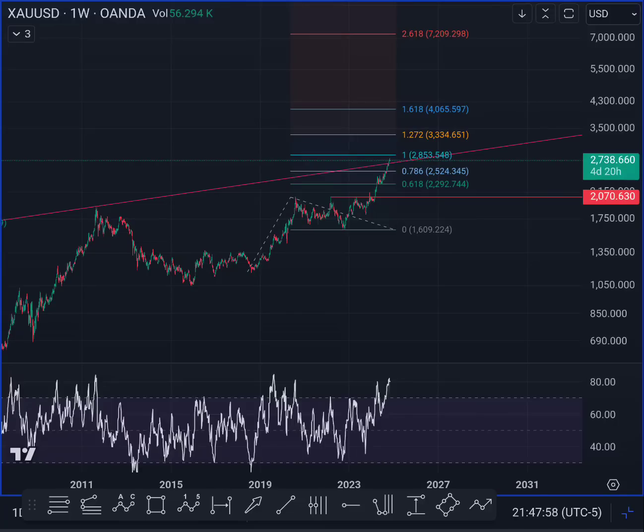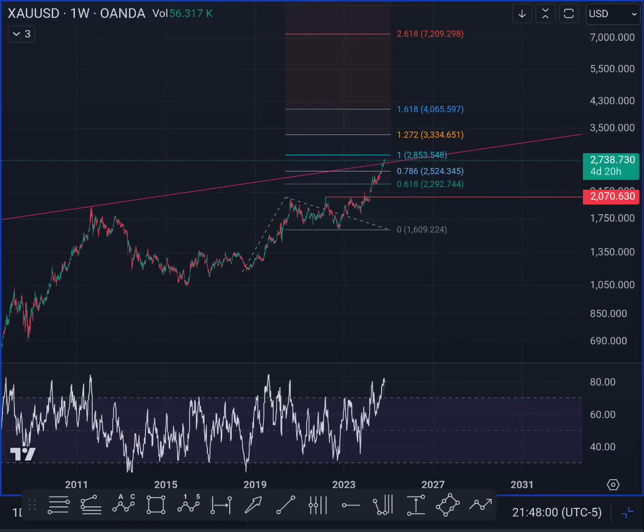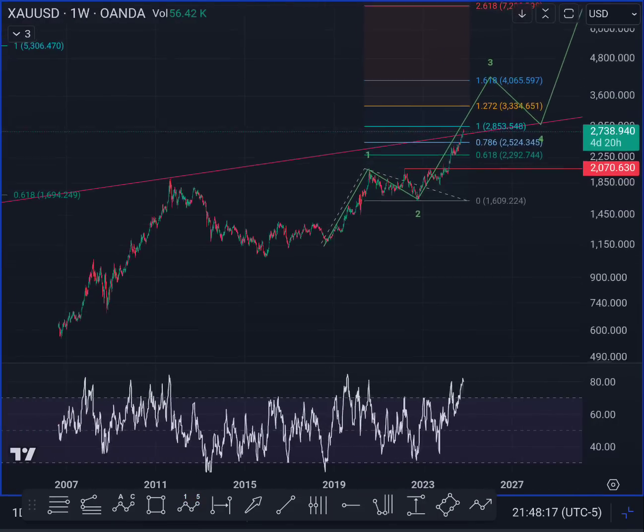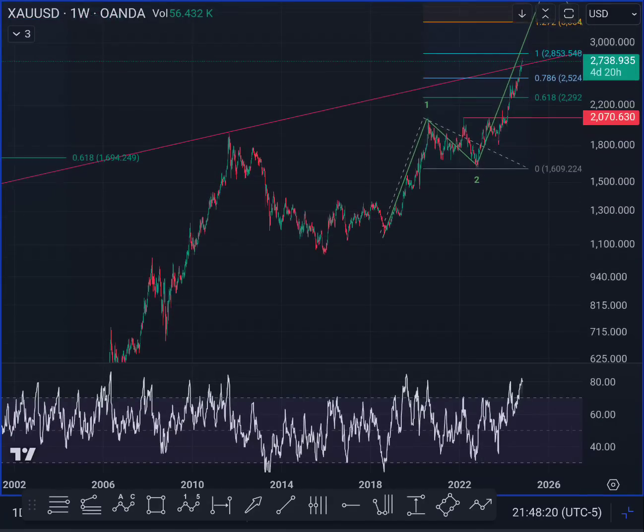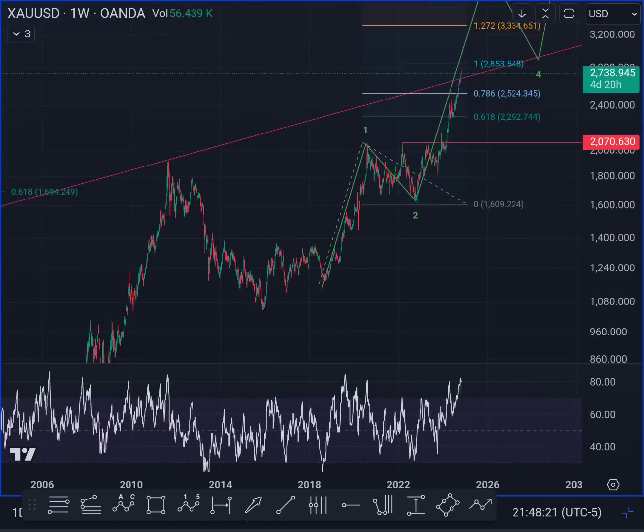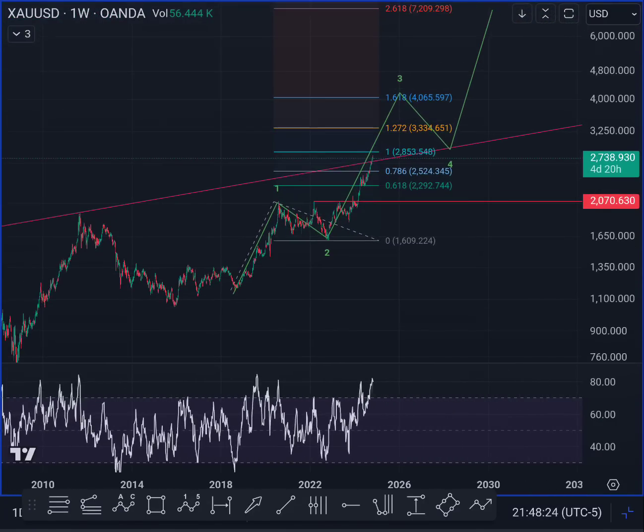I mean, just thinking Elliott wave theory, just counting the waves, your wave 3, you would expect to get to a 1.618. So there's a 1, 2, 3, 4, 5. And that would be a breakout and a back test on a channel or a trend line that goes way back on a monthly chart.